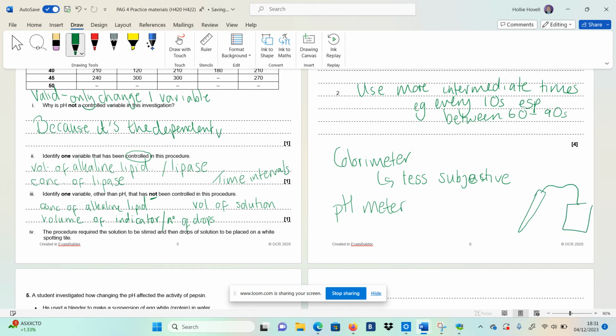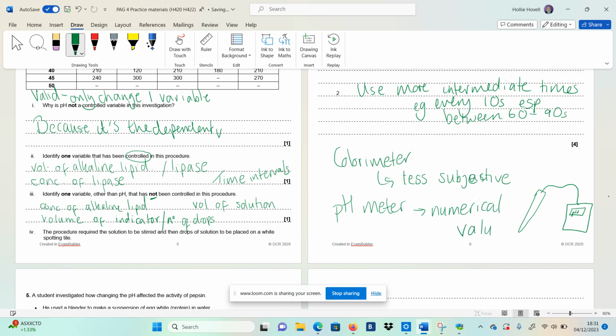Sometimes it goes onto a little handheld device with a screen that gives you the pH, or you might plug it into a laptop or computer and get the pH on there. From that, you'll get a numerical value.